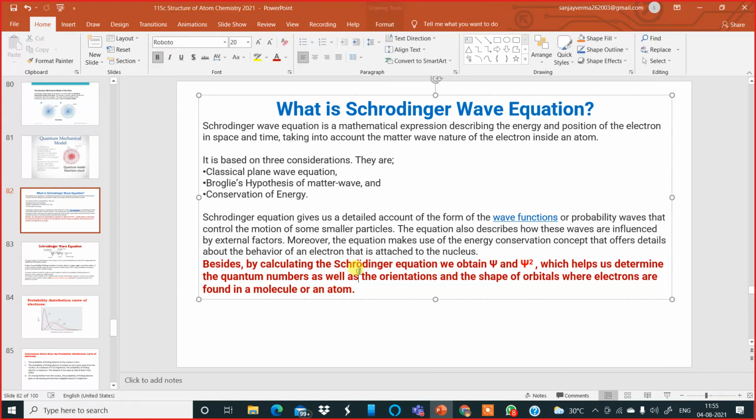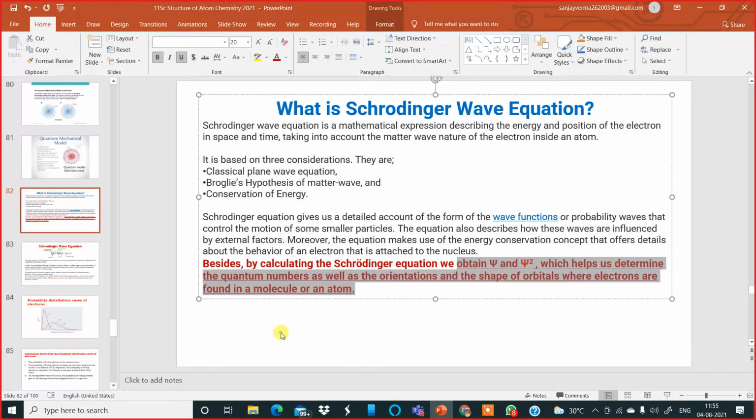So here I want you all to remember this: psi and psi square help us determine the quantum numbers as well as the orientations and shapes of orbitals where electrons are found in the molecule or the atom. This is one thing you have to underline and keep in mind.